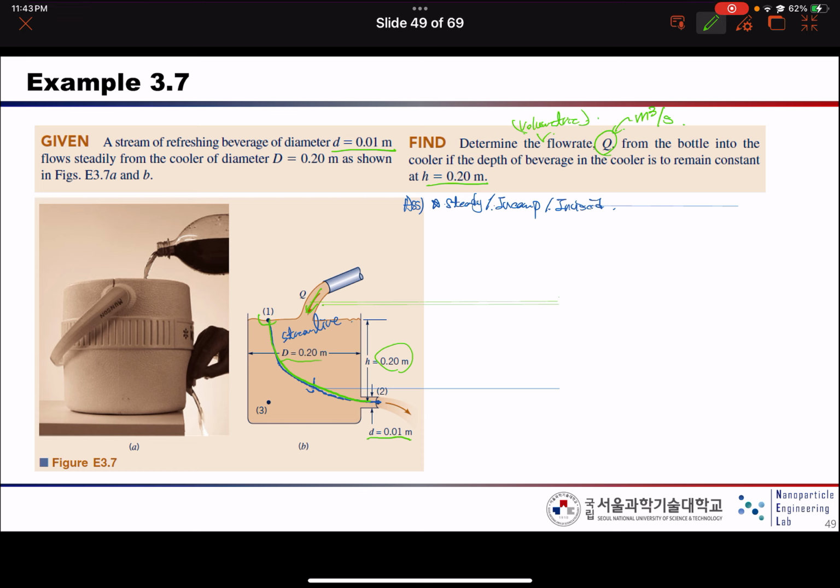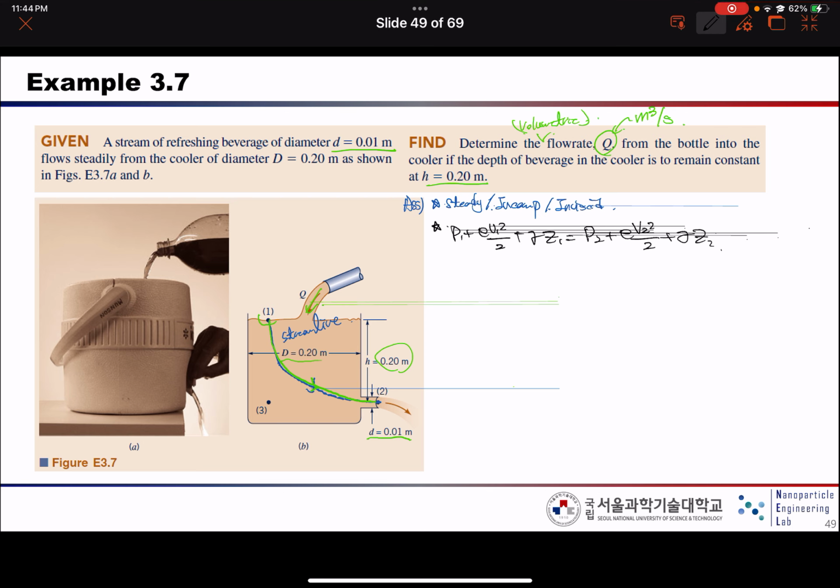Also we draw the streamline, so I can write it as P1 plus rho V1 squared divided by 2 plus gamma Z1 equal P2 plus rho V2 squared divided by 2 plus gamma Z2.